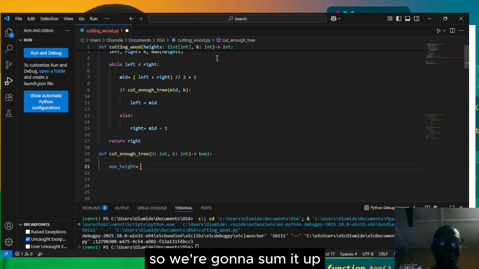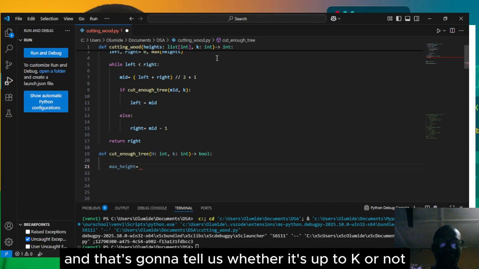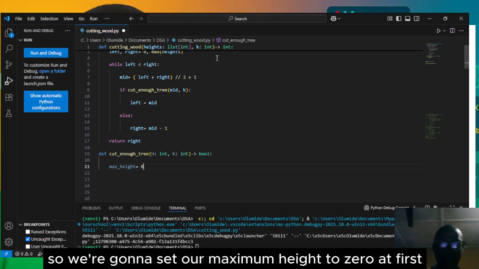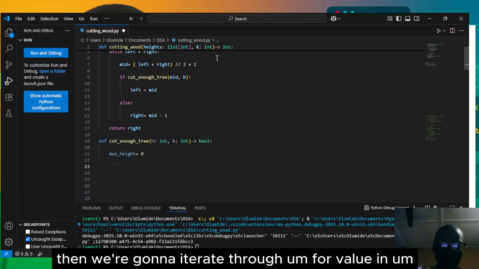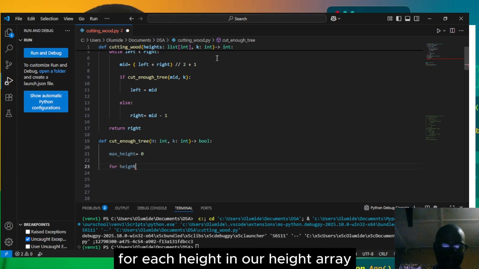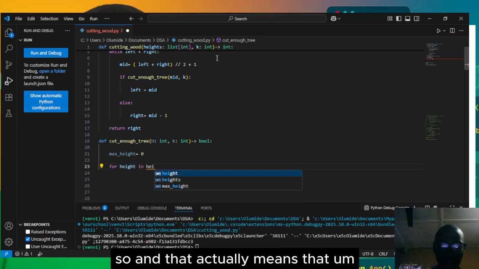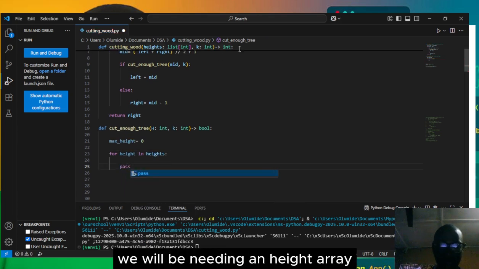We are going to sum it up, and that's going to tell us whether it's up to k or not. So we are going to set our total to 0 at first, then we're going to iterate, for each height in our height array. And that actually means that we will be needing a height array.